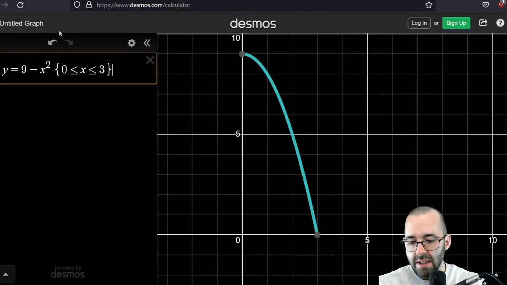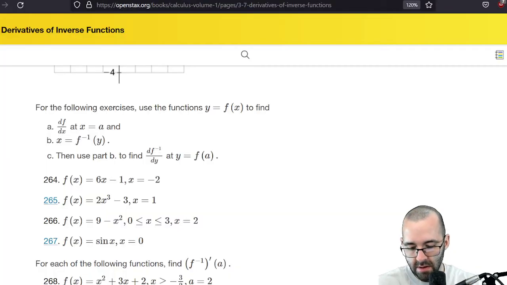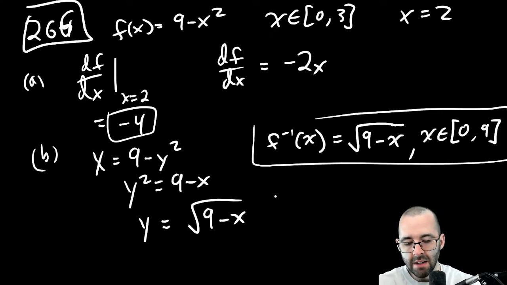All right, and then part C. Using part B, find the inverse function at y equals f of a. Also, actually, it wanted you to write this as a function of y. Technically, I would take this as an answer.